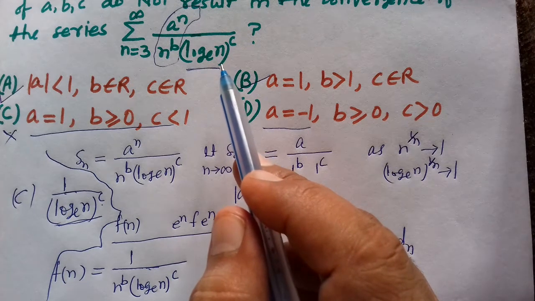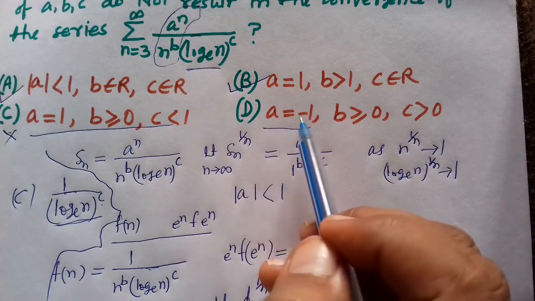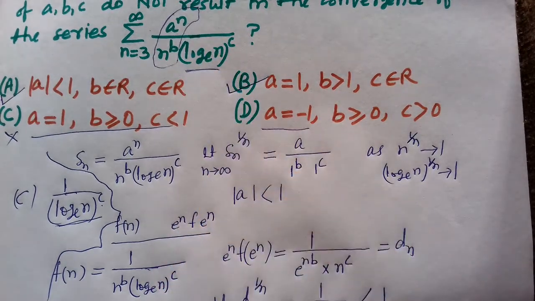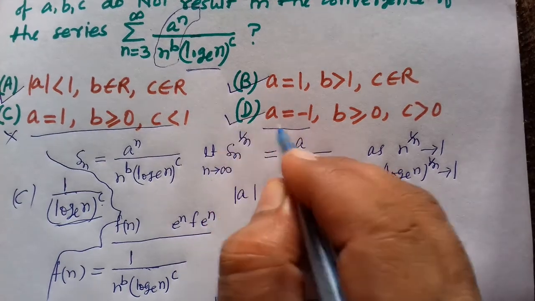So if n tends to infinity, then this will tend to infinity, and a equals to -1 makes this series an alternating series, and you know that an alternating series with decreasing value tending to 0 is convergent. So this option is also true for convergence.